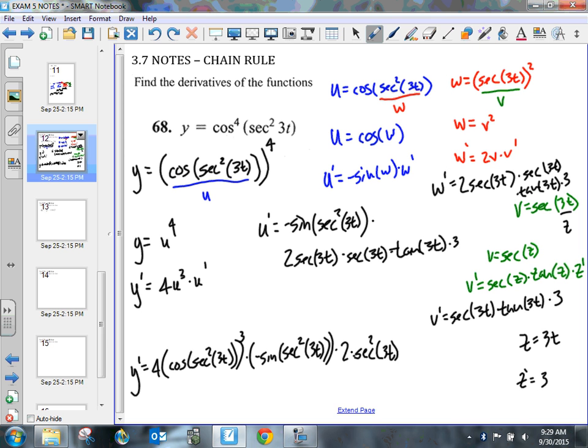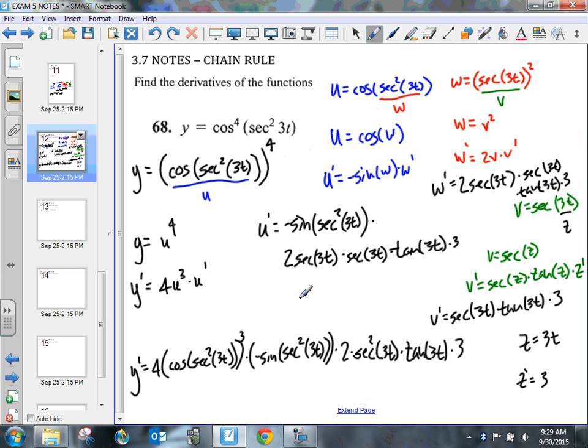I'm just going to square that because I have 2 of them. Then times tangent of 3t, and then times 3. You can simplify these things. This is a lot of work. There's a lot going on here.